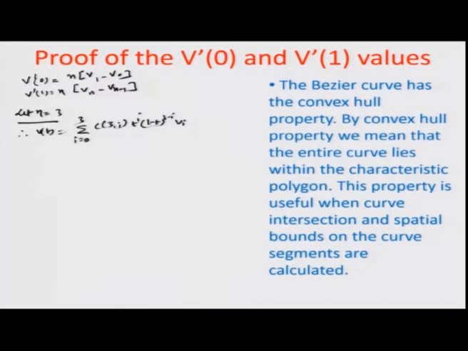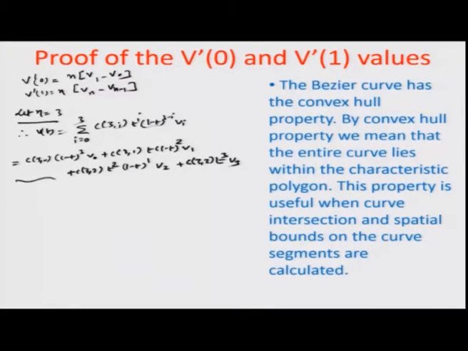If we substitute the various values of i, we can represent this as c 3 0 times 1 minus t to the power of 3 times v 0 plus c 3 1 times t times 1 minus t to the power of 2 times v 1 plus c 3 2 times t square times 1 minus t to the power of 1 times v 2 plus c 3 3 times t to the power of 3 times v 3.